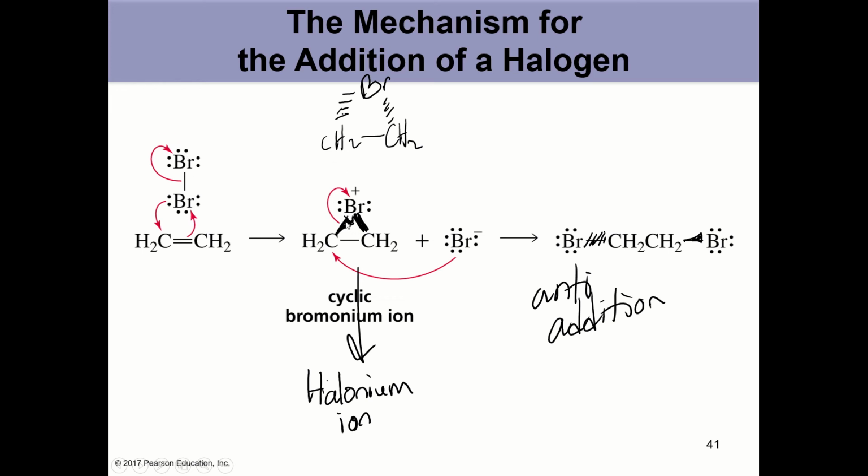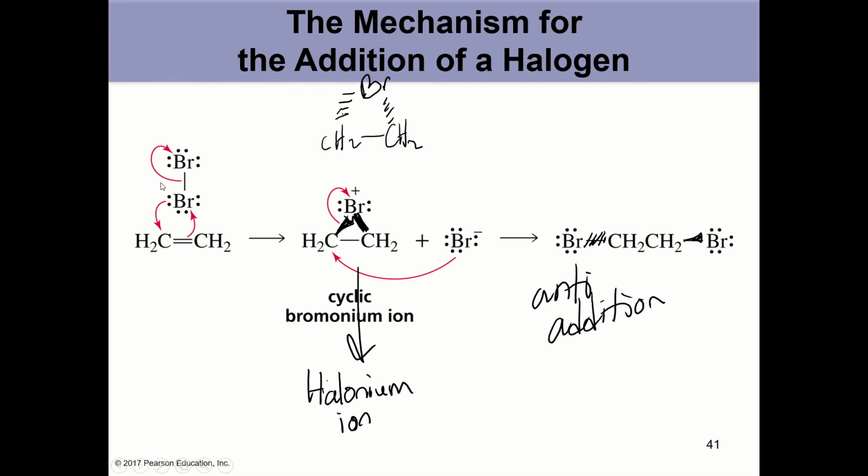This forms the product, a cyclic bromonium ion. This is called a halonium ion. You will most likely be asked about this intermediate on an exam. When bromine has two bonds, it will have a positive charge.